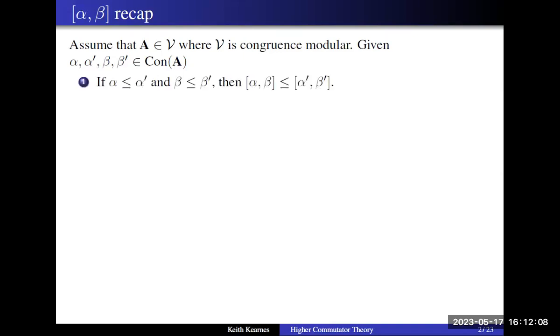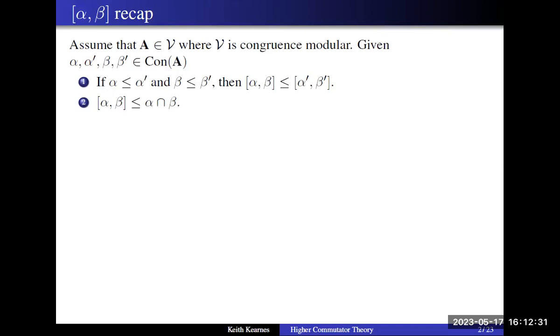But in the congruence modular case, some of the things that we mentioned were that if you have some congruences on an algebra, the commutator is a monotone operation. So if you increase alpha and beta to alpha prime, beta prime, then you will increase the value of their commutator. The commutator of alpha and beta is contained in alpha and in beta, and therefore the intersection.